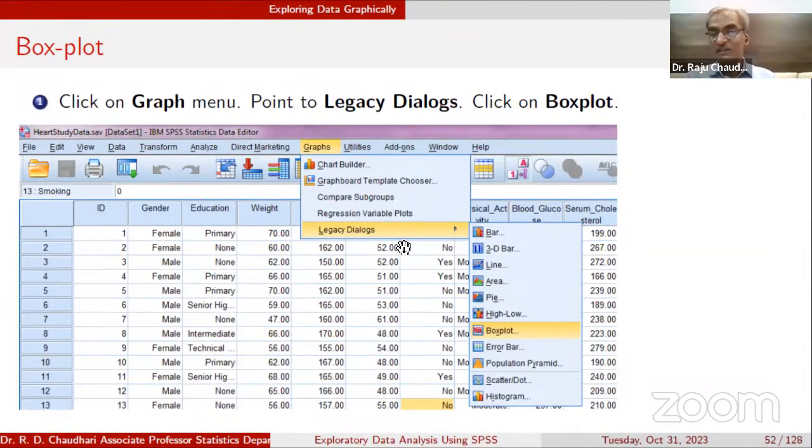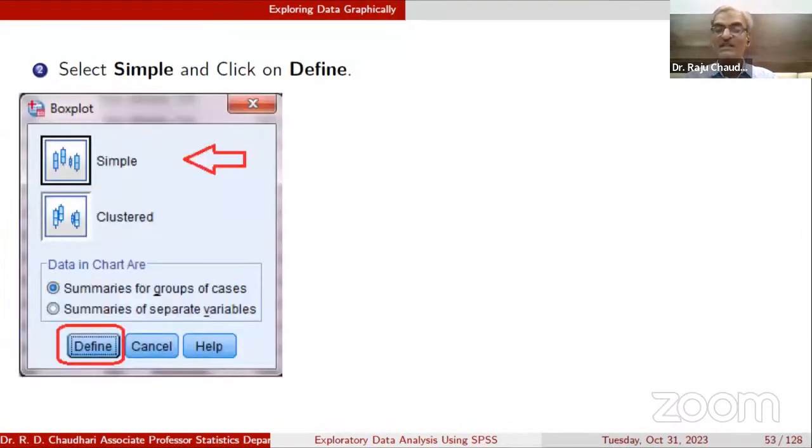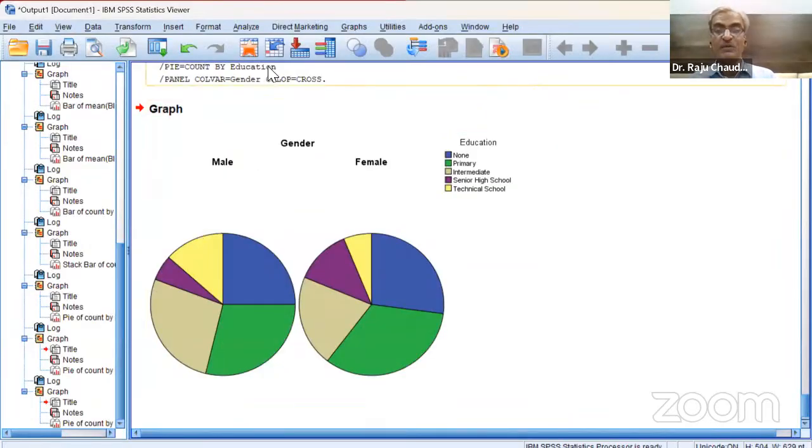So again, click on Graphs, Legacy Dialogs, click on Box plot, right? Now there are two types of box plot, simple and clustered. A simple box plot is used for a single variable. Let us see how we can visualize it.